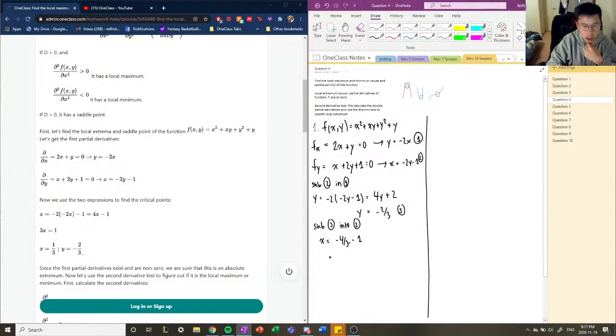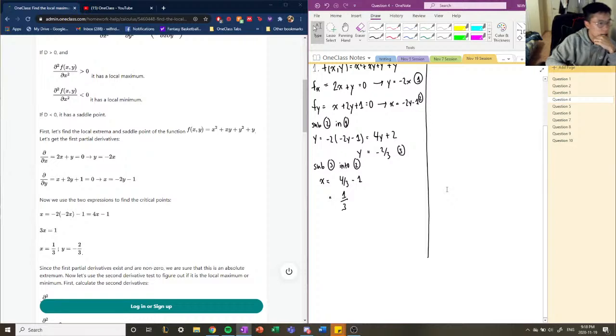Okay, and then we take 2 over 3. Oh, this should be a positive. Sorry, I found my mistake. Sorry guys about that. It's very easy to find mistakes when you're not paying attention. So what I did there is I added a negative when you're not supposed to, because negatives cancel out here. Okay, so 4 over 3 minus 1, which equals 1 over 3. Cool. We found our points.